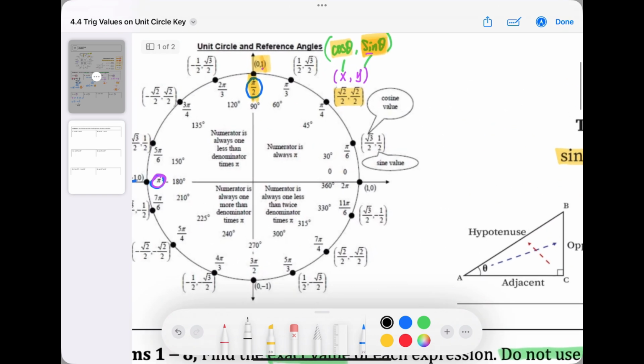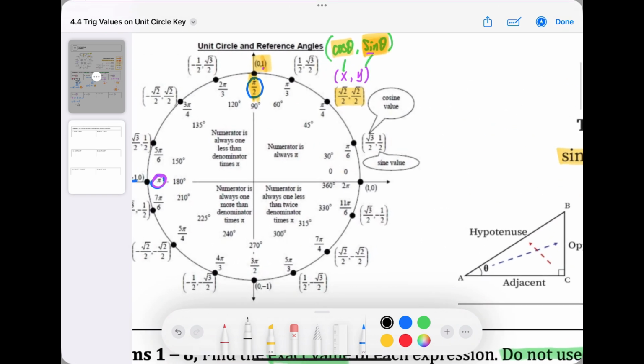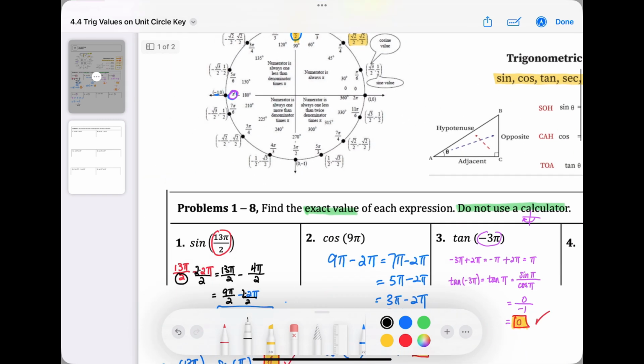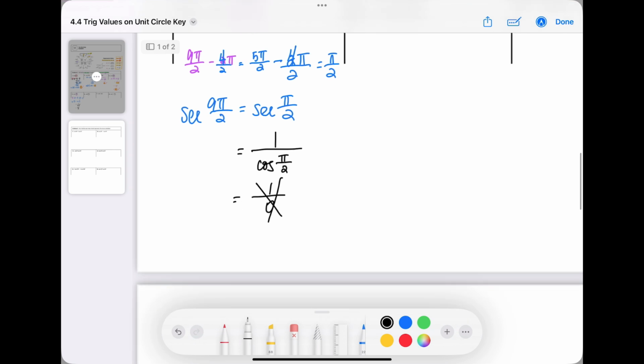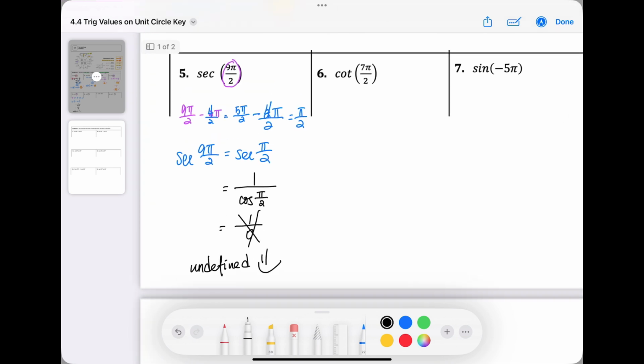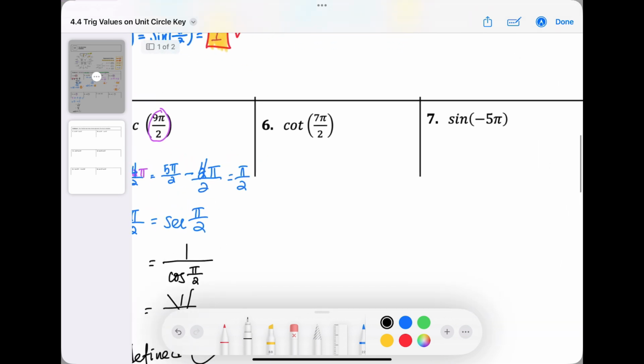Go back to your unit circle. Pi over 2, the location, since I'm looking for the cosine, the answer will be the first one, 0. What do we know about 1 over 0? There is no such thing, so you can answer undefined, and that's it.